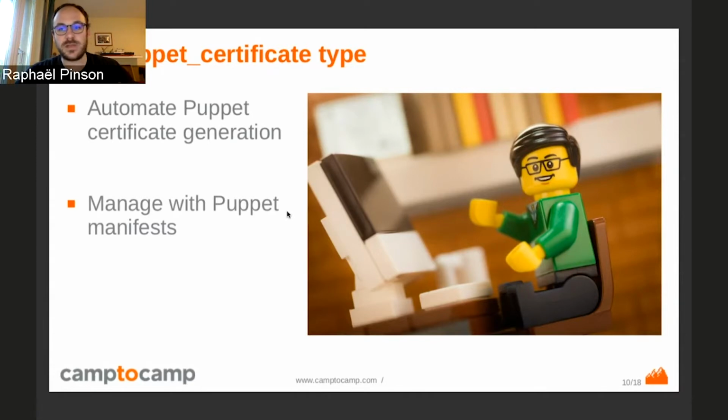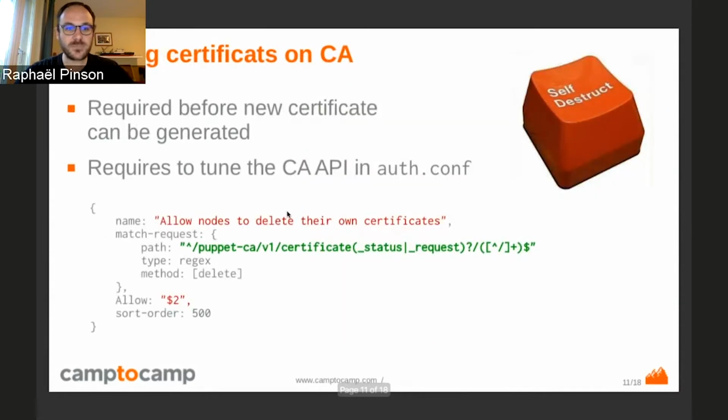This type we patched a few years ago, and it would allow you to automatically regenerate the certificates on the nodes. In order to do this, obviously the nodes need to clean themselves on the CA. This is not done by default, but in the auth.conf, the configuration for the Puppet server, you can allow it.